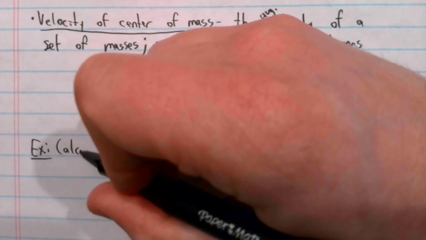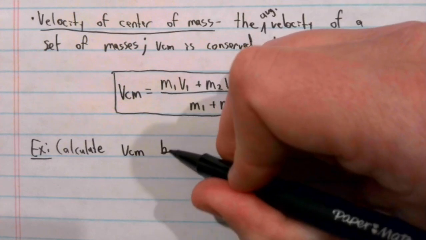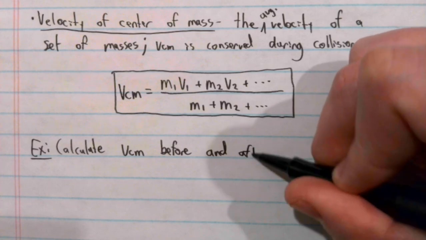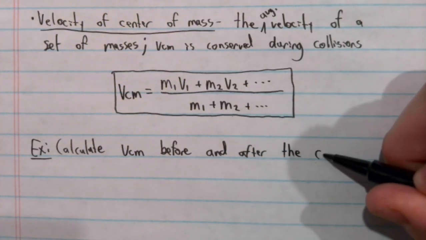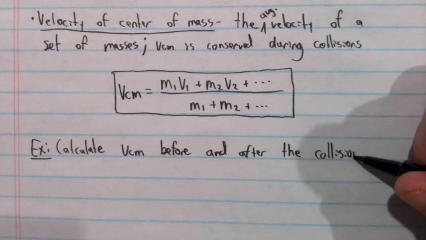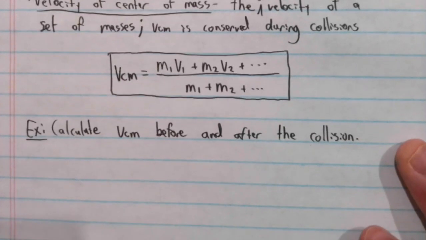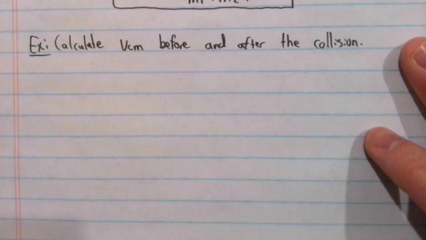We're going to calculate VCM before and after the collision. So in this collision, momentum is conserved. If you feel like verifying that, you can go ahead and have a great old time with it.